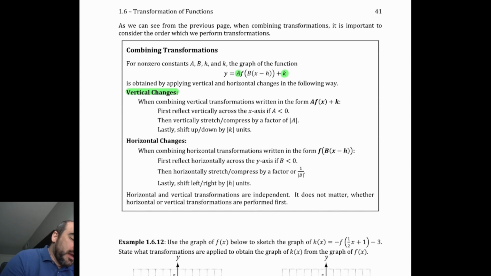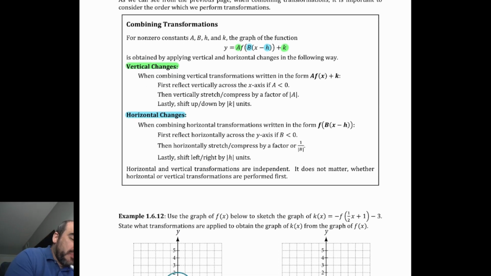And then the b and the h in this form are going to be horizontal changes to the graph. If b is negative, then we will horizontally reflect across the y-axis first.